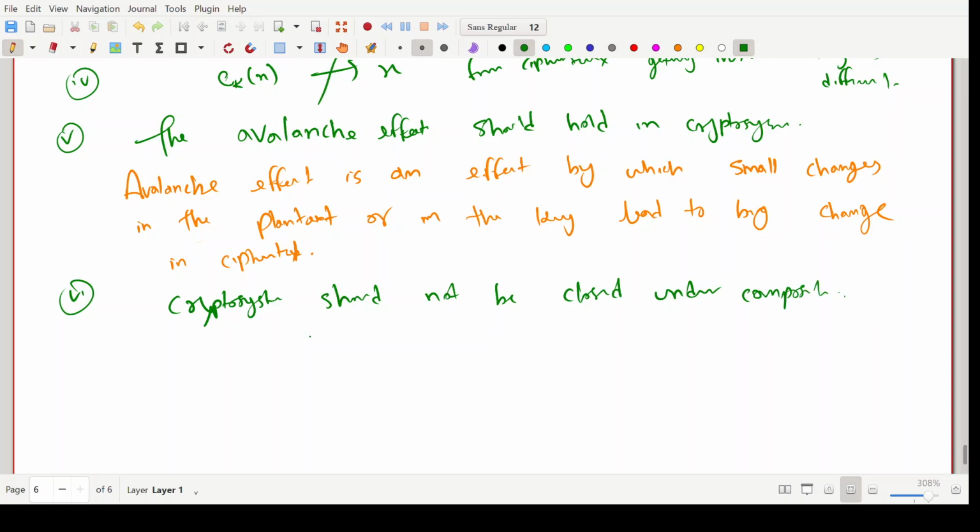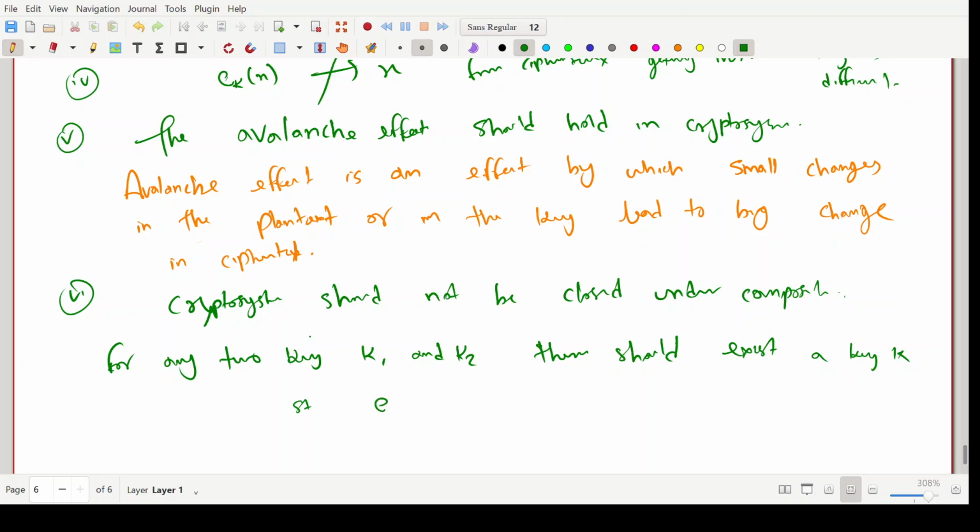That means for any two keys, suppose I'm having key k1 and k2, there should not exist a key k such that Ek of w is actually Ek1 of Ek2 of w.